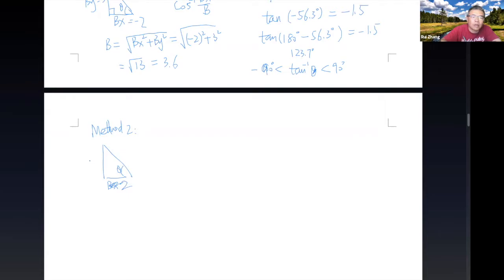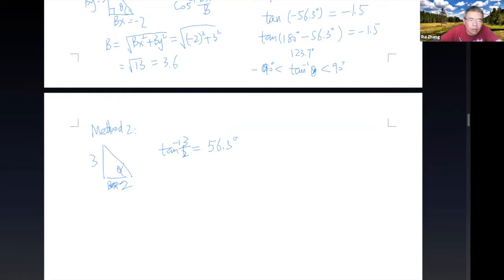So I'll just put 2 and 3 here. By doing tangent inverse of 3 over 2, you definitely get a positive angle. So tangent inverse of 1.5, and you get 56.3 degrees.